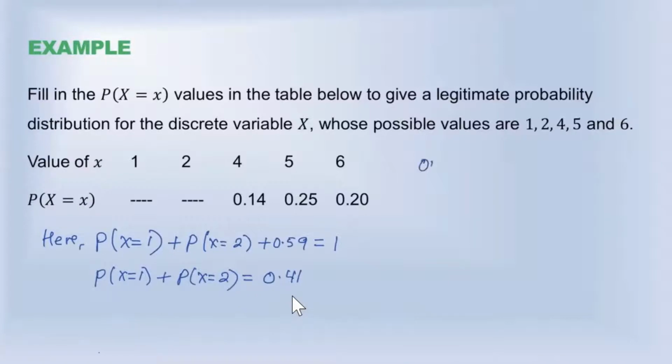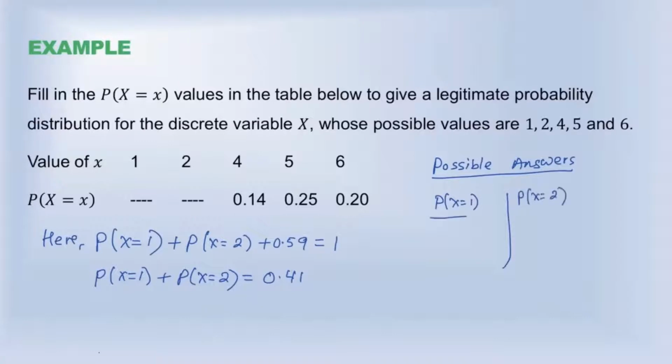One possible answer would be, let me write possible answers, and I'm going to list a couple of them. We are looking for probability when x equal to 1 and probability when x equal to 2.